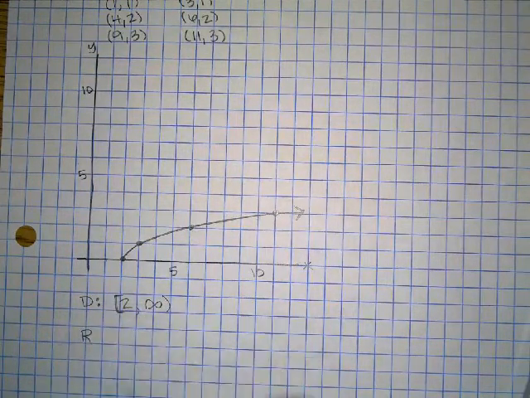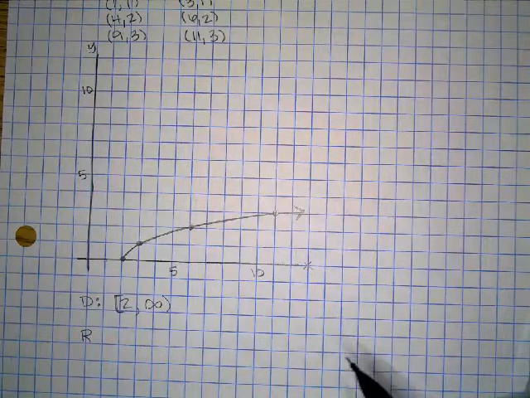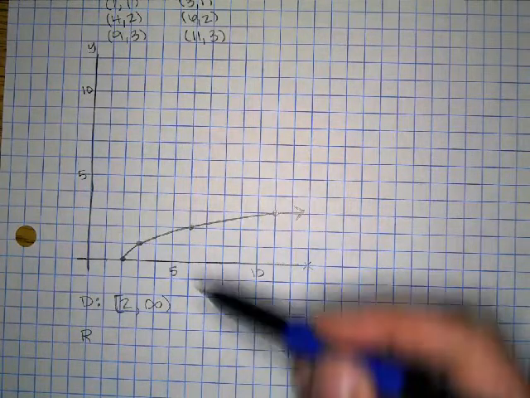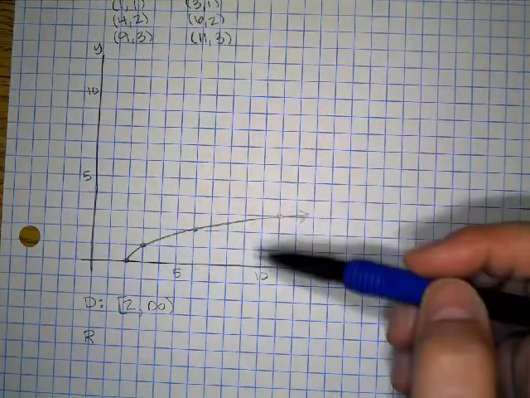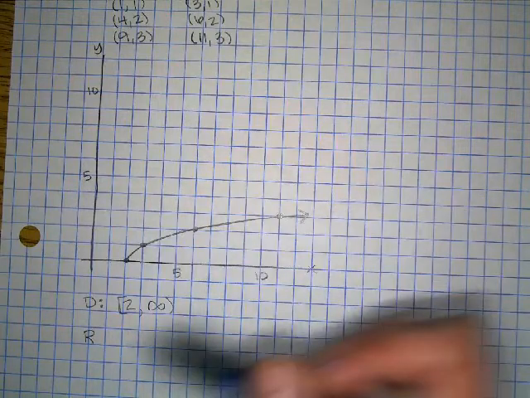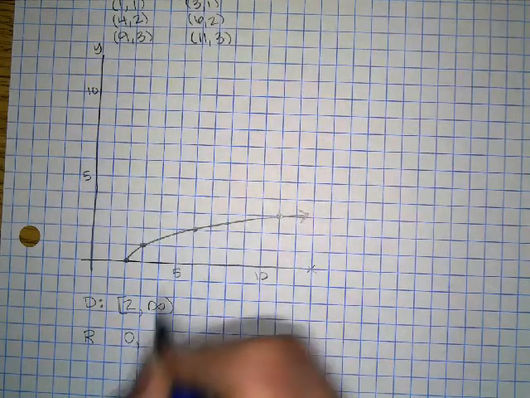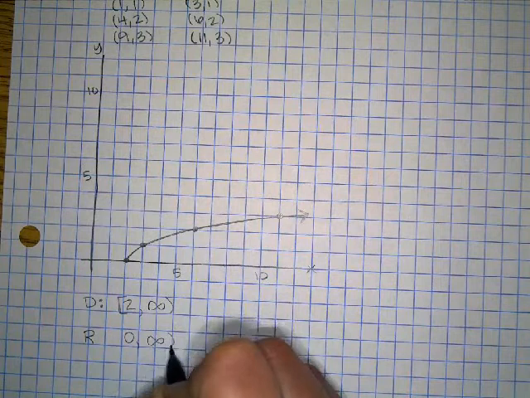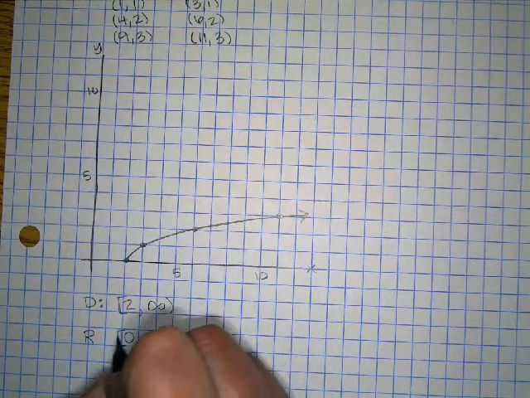What's the range of the graph? How far down does it go? 0. Okay, it goes down to 0. It goes up to infinity. Okay, bracket, parenthesis again.